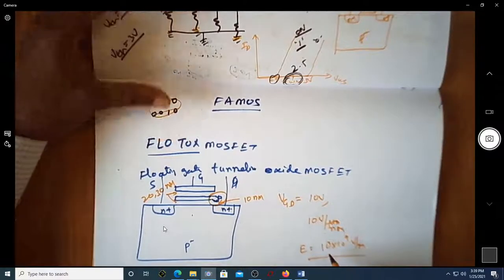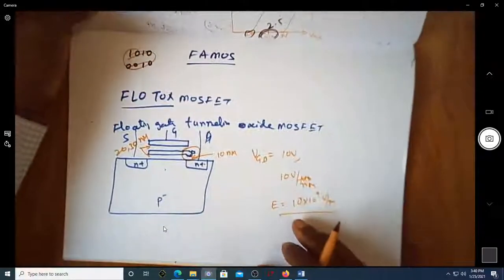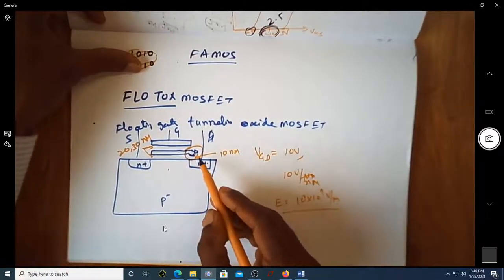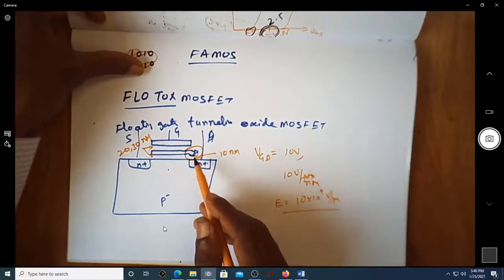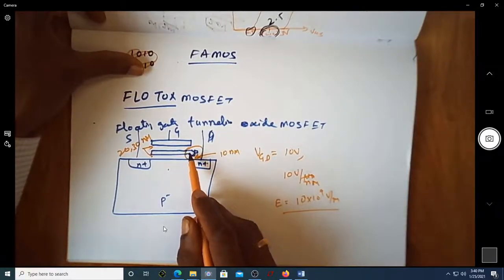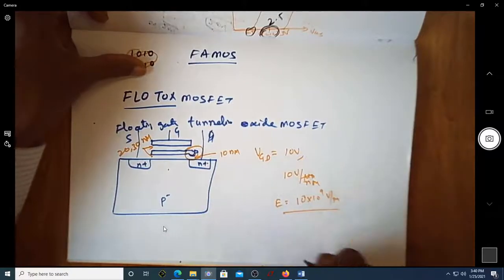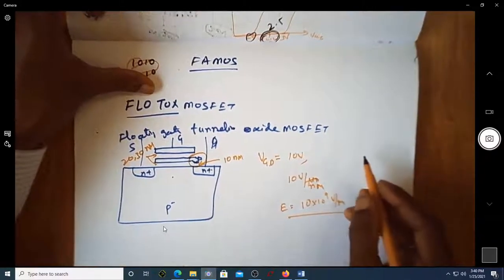So an electric field of 10 power 9 volt per meter will be applied between the gate and the drain. That will cause a lot of tunneling of charges to the gate or to the drain, depending on the polarity of the gate to drain voltage.